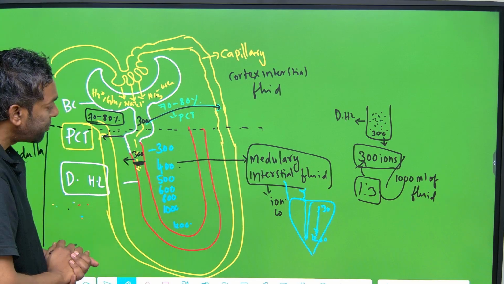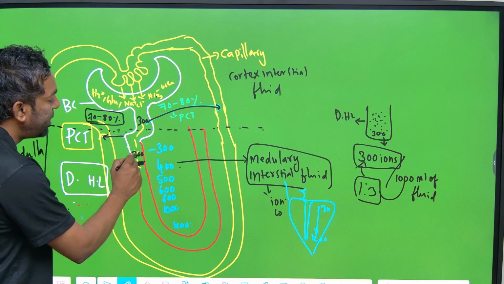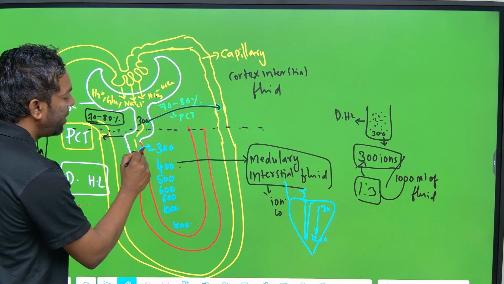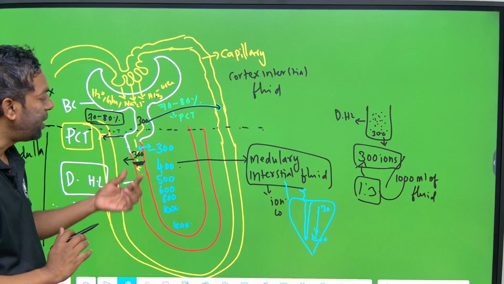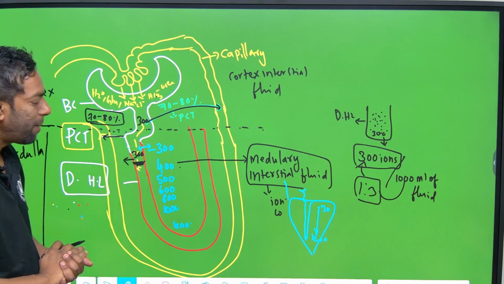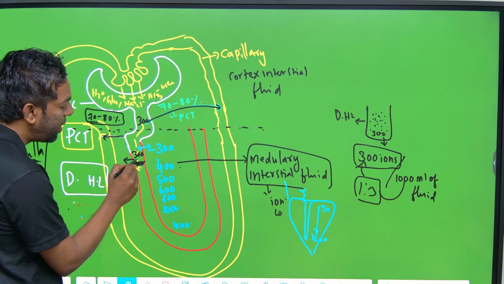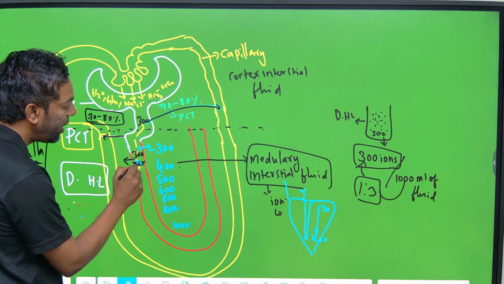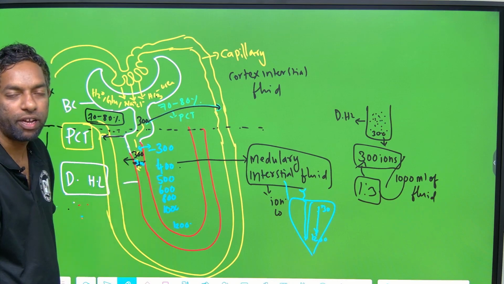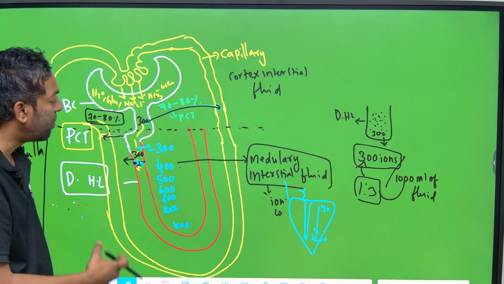Okay, cool. If this is 300, there is an equilibrium between these two. If it is 400 here but 300 there, they do not reach equilibrium.